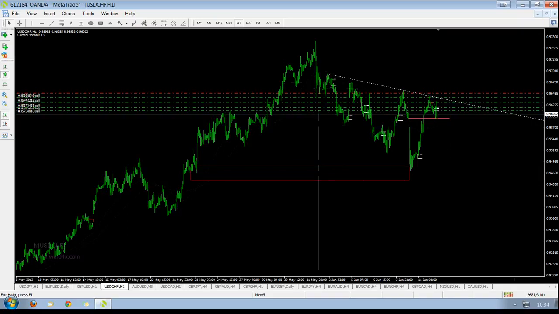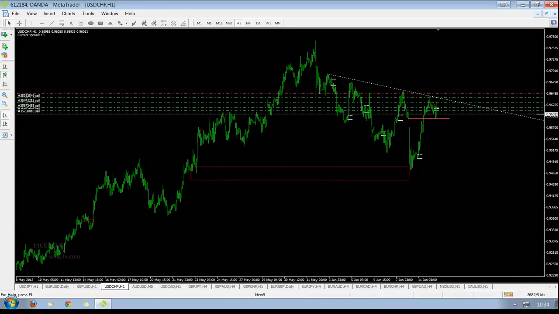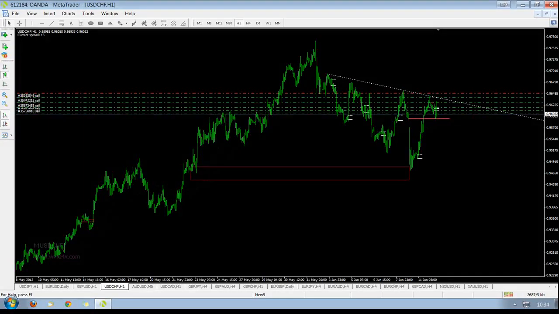And so you can see in terms of the analysis which I've been giving on the dollar Swiss. In fact, if you go back, I actually started talking about a reversal on dollar Swiss, and talking about a significant level when the price was here somewhere, right back in the tail end of May, and I had another reason for that, which we will discuss today as well.